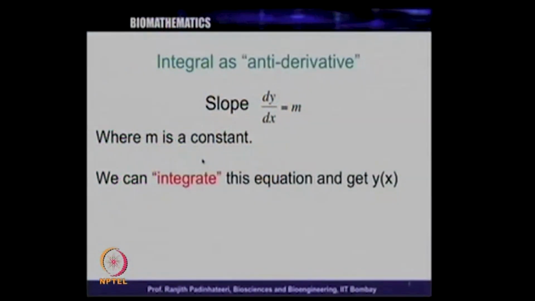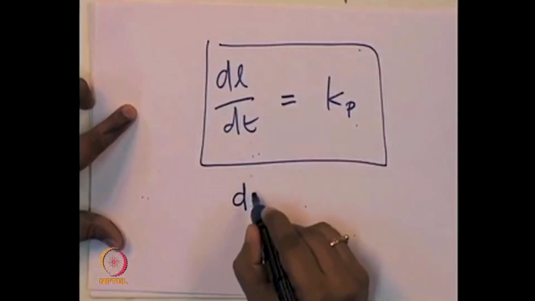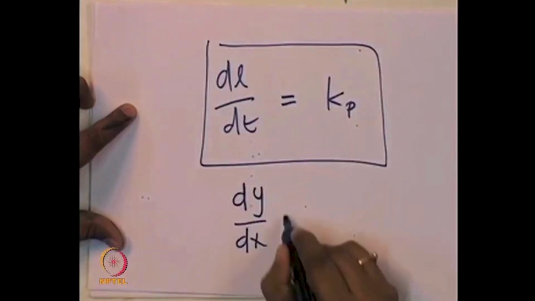When we discussed integrals, we said an integral is like an antiderivative. For example, if you have a slope m, slope is nothing but dy by dx. When we discussed differentiation, we said the slope is dy by dx. Now this looks very similar to what we described here: dl by dt is equal to Kp is the same as dy by dx is equal to m.